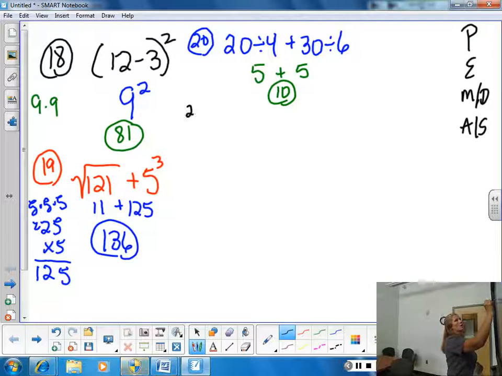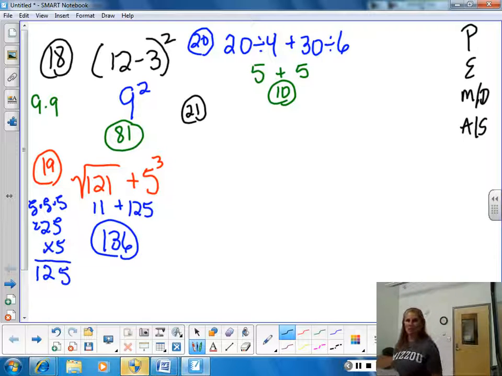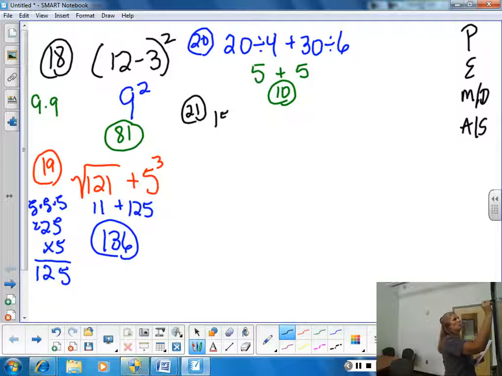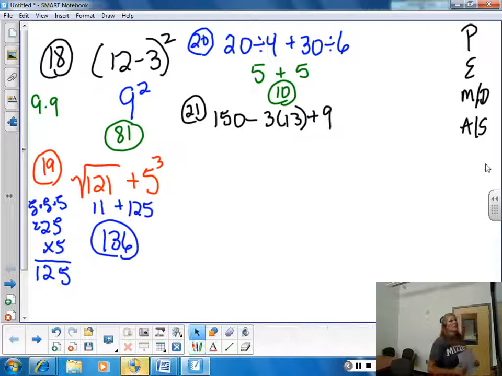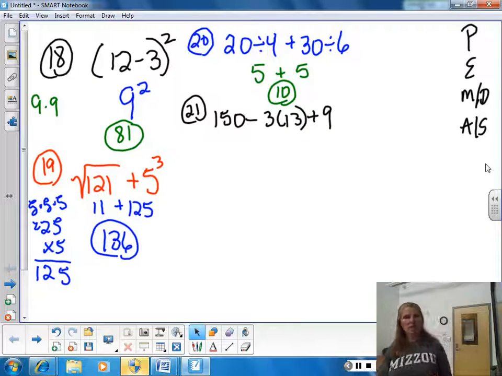All right, 21. Kind of fitting them up there so you have several examples to look at once. 21 looks like 150 minus 3 times 13 plus 9. So I have a subtraction, a multiplication, and an addition.